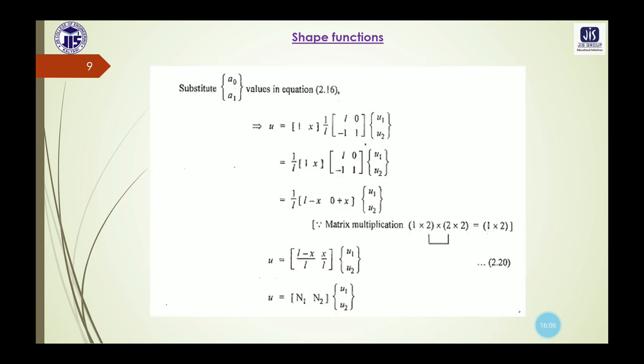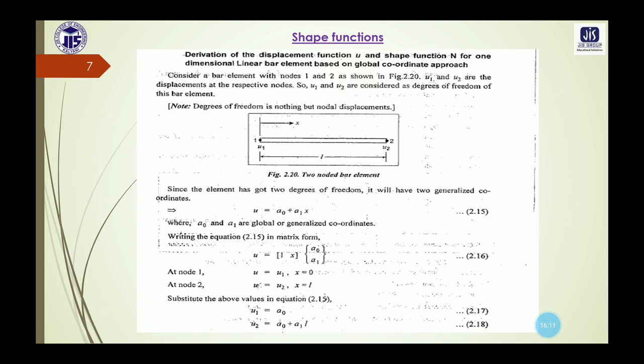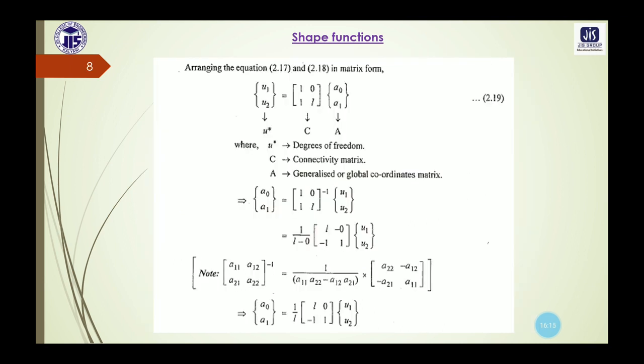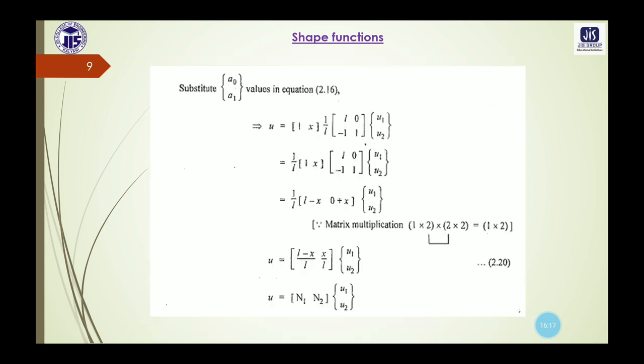If we substitute the a0 a1 values in equation 2.16, that is, instead of a0 a1 we put this value here, ultimately we get u equals the matrix [1 x], multiplied by 1 by L times [L 0; -1 1], multiplied by [u1 u2].